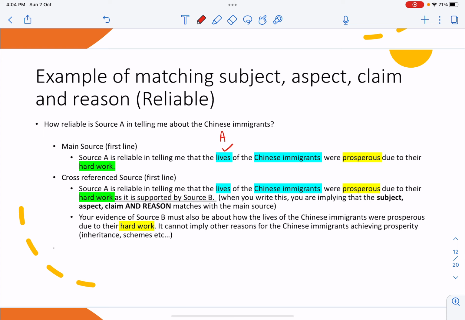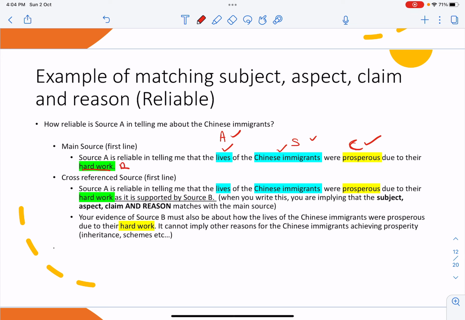I'm talking about the lives of the Chinese immigrants, who is my subject. And my conclusion, my claim is they are prosperous. That is my claim, right? They are prosperous. But then I still need to give one more thing, which is the reason why they are prosperous. Because when I do reliability, I have to match A, S, C, as well as my R, hard work.